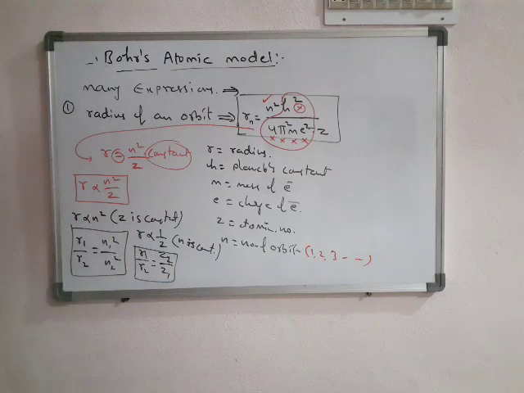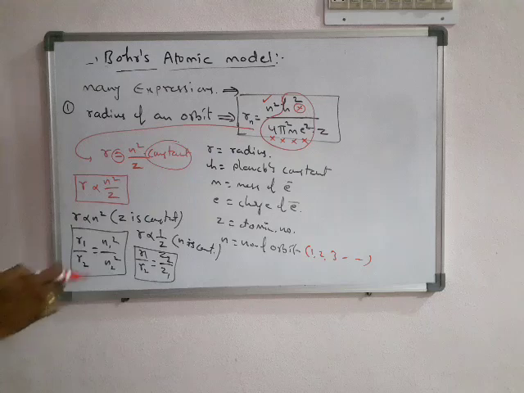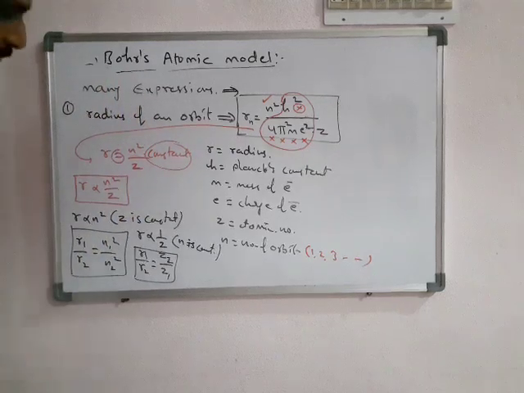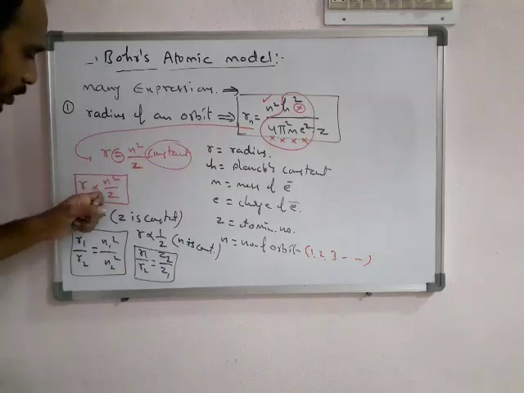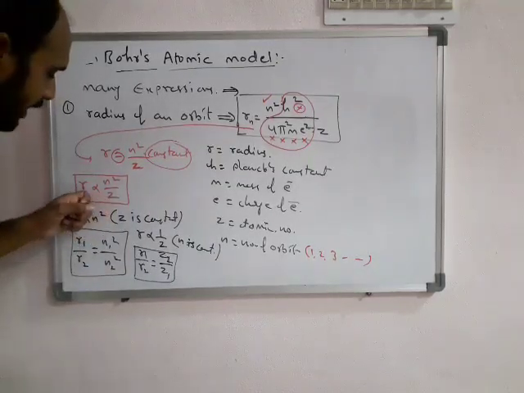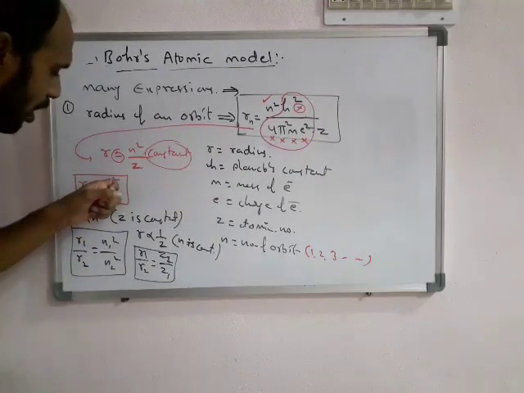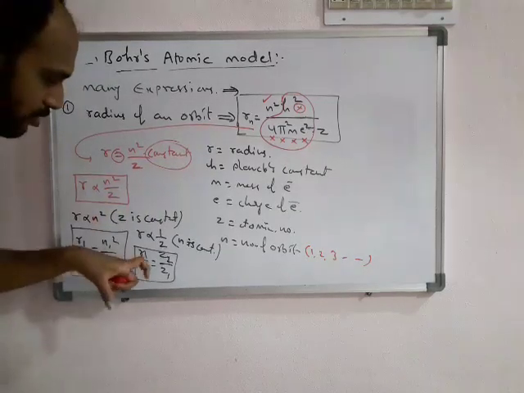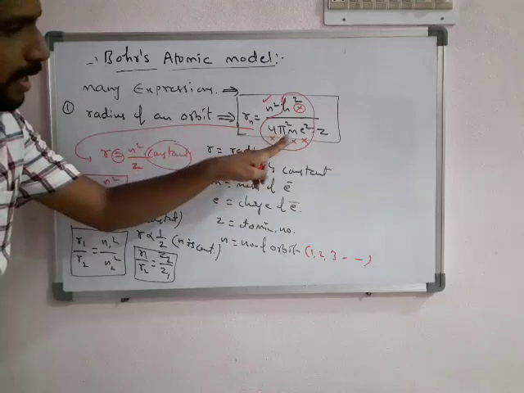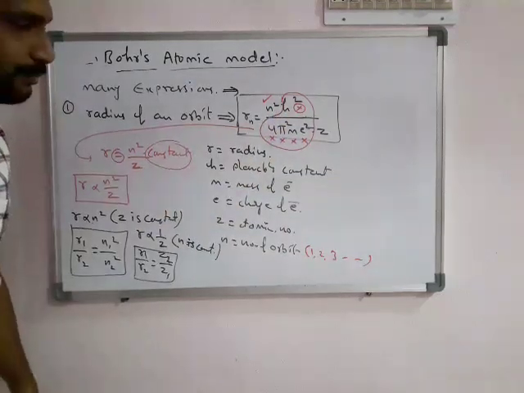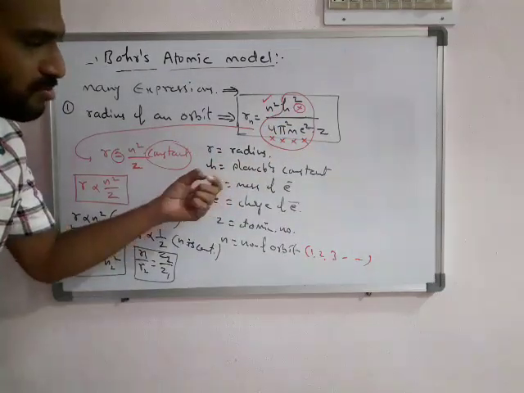And the very important one, what is this constant value? Now we got the relations from r to n and r to z. We find out the relation between atomic number and radius, and between orbit and radius. Here h is constant, 4 pi square m e square are all constant. So by substituting all these values we will get a constant.